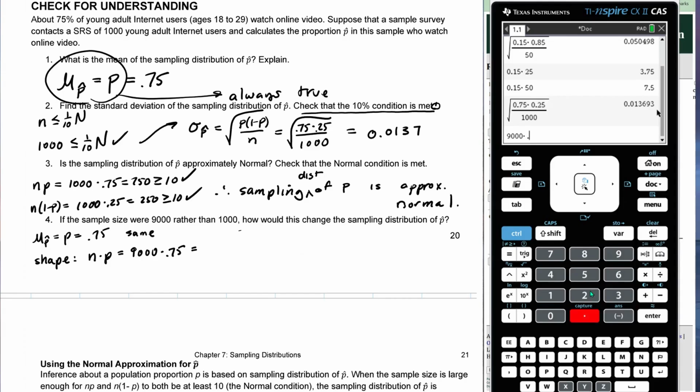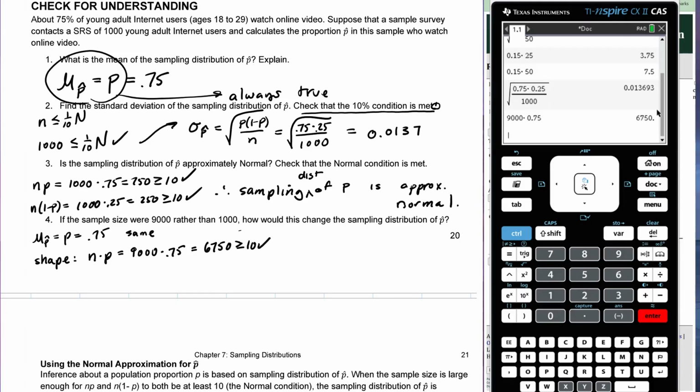And I'm thinking that 9,000 times 0.75, which is 6,750. Yep, that number is greater than 10. So we meet that condition. What about n times 1 minus p? 9,000 times 0.25. I think I can do this one in my head. I know that if it's not a success, it's a failure.